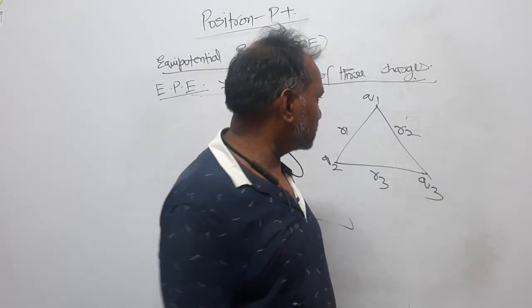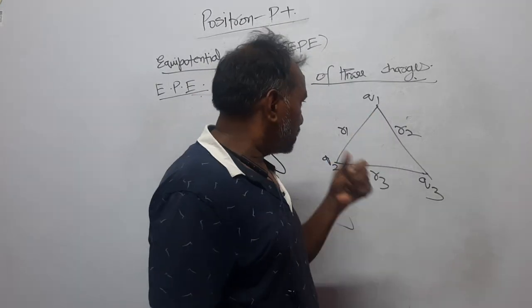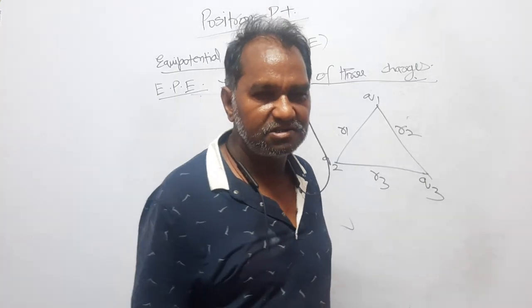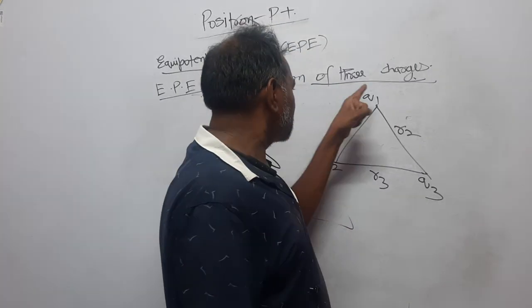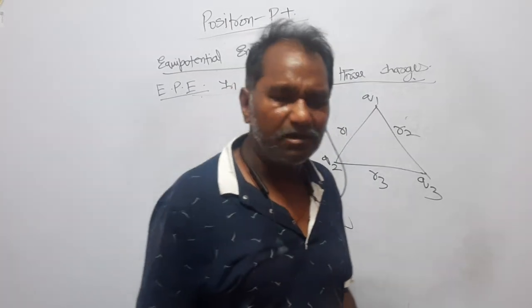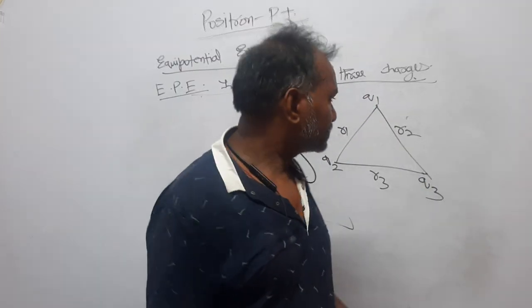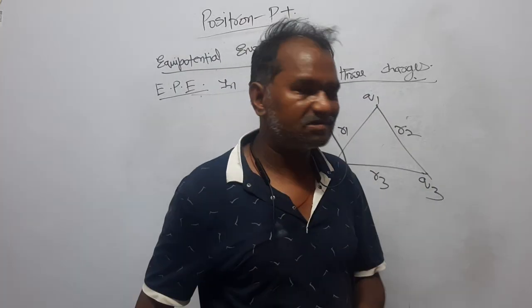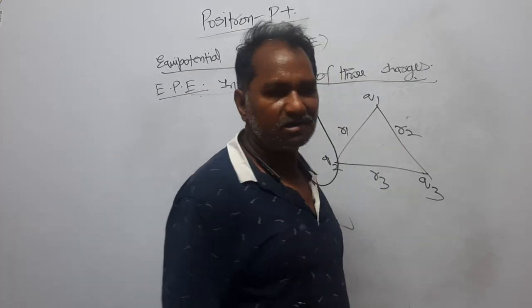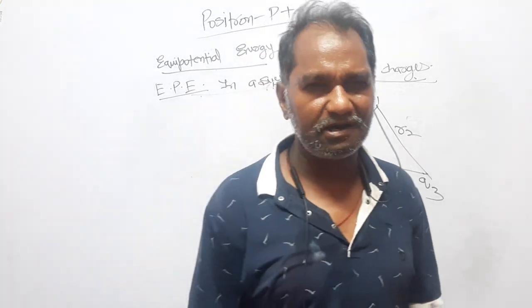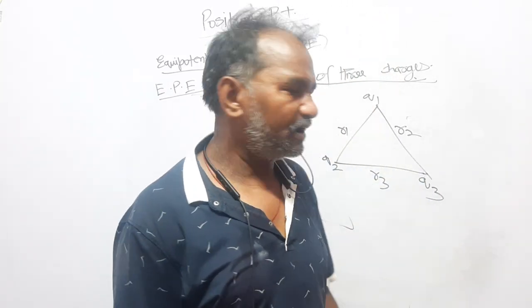This is an odd triangle, every edge is different. The three charges Q1, Q2, Q3 are kept at the vertices of the triangle, and the edges of this triangle are R1, R2 and R3. We have to find out the EPE, electric potential energy of the system. How will you find it out?